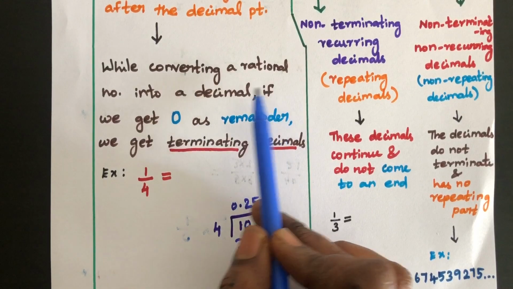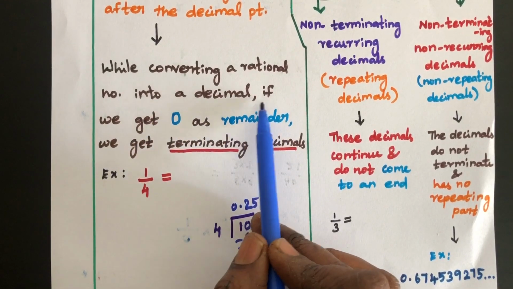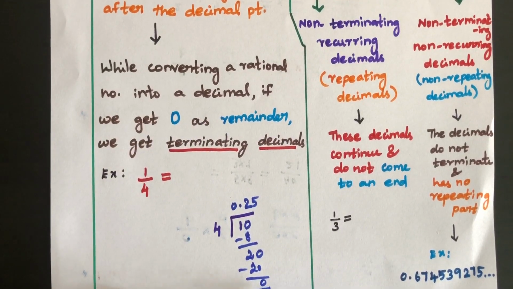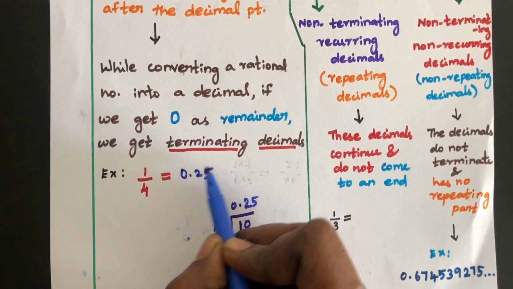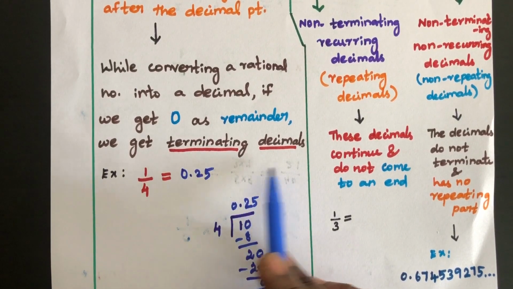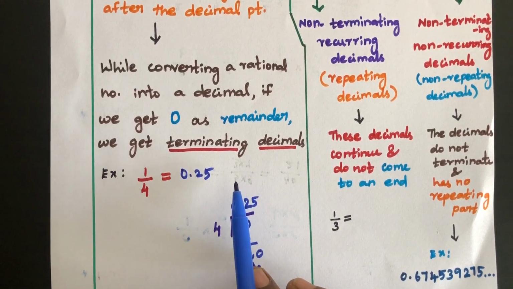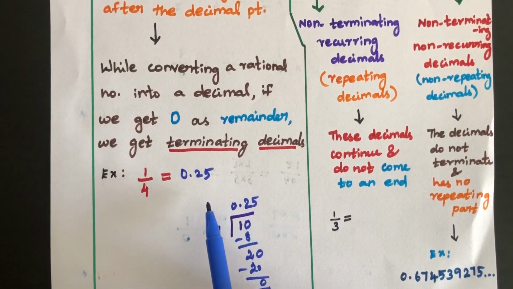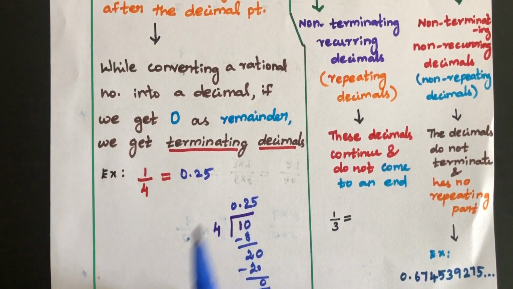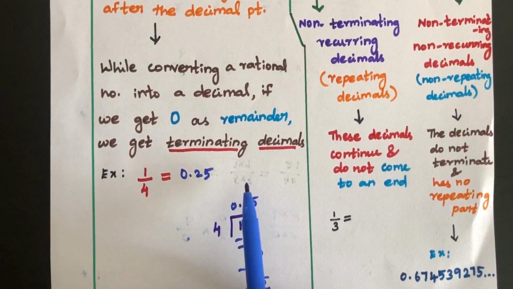While converting a rational number into a decimal, if we get 0 as the remainder, keep it in mind, 0 as remainder, we get terminating decimals, 0.25. That's all. Over. After that, it won't continue. 0.25 is the end of the decimal number here. So these are all called terminating decimals. They won't extend.